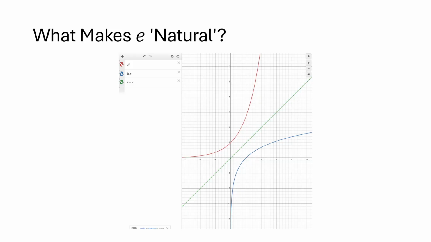If we take the derivative of e to the x, d/dx of e to the x, we get e to the x, which is extremely rare, right? Before you learned e to the x, you probably thought the only derivative that equals itself is the derivative of 0, because d/dx of 0 is 0.